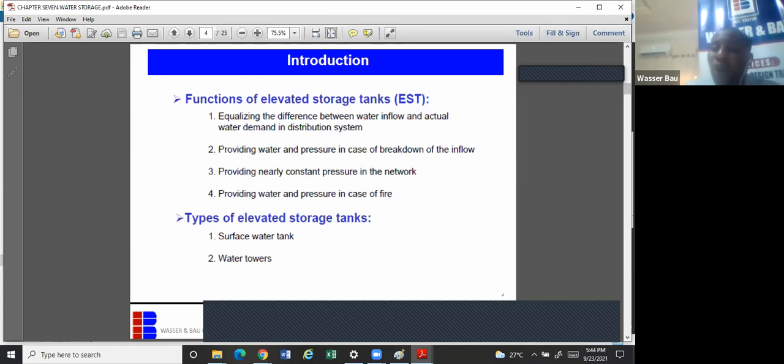Sometimes your elevated storage tank is also to bring about a constant pressure because the tank is fixed. So the difference in elevation between the water level in the tank and the tap level will give you the pressure difference. If it's 20 meters, you know it's two bars. If it's a 10 meter difference, you know you're operating within 1 bar, and so on. Then there are types of elevated tank. I've said this before: storage, surface storage, and the rest of it.